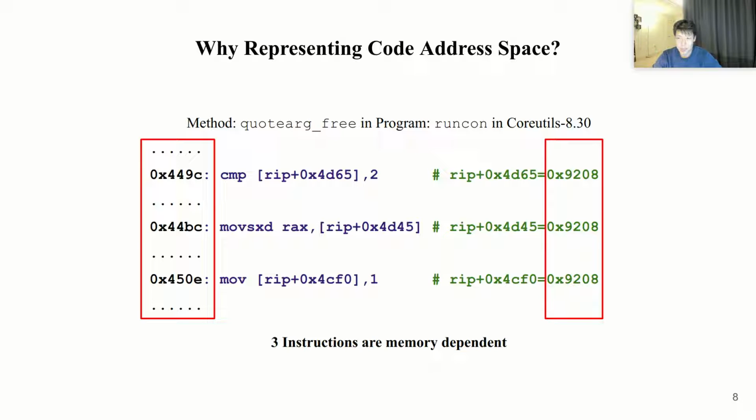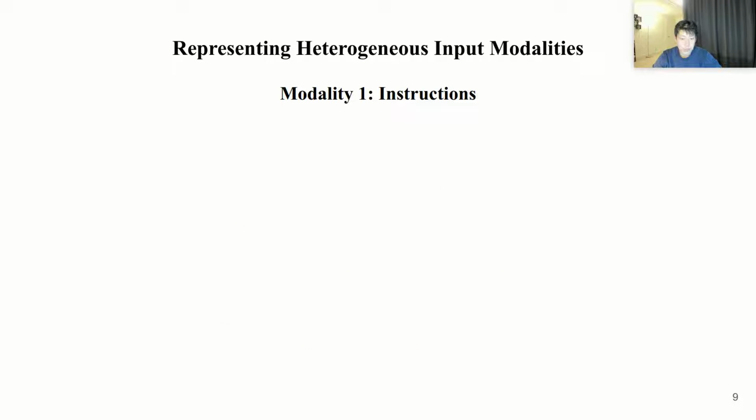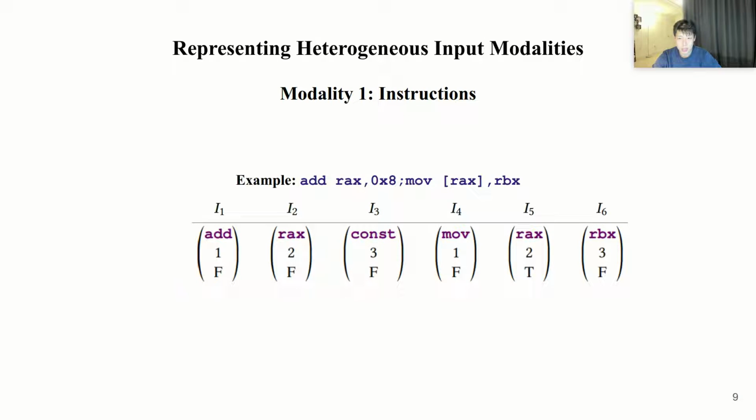of the memory dependencies. In order to learn the heterogeneous input modalities, we employ different input representations to capture their key attributes. For example, for the first modality, the program instructions, consider the following 2 instructions. We always use 3 feature sequences aligned together to represent the sequence of instructions.